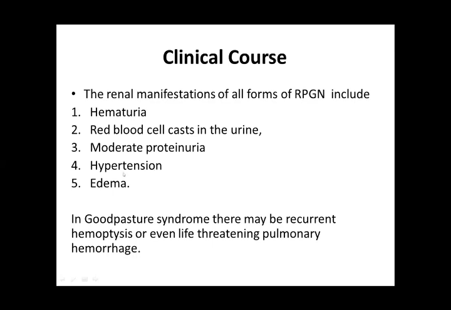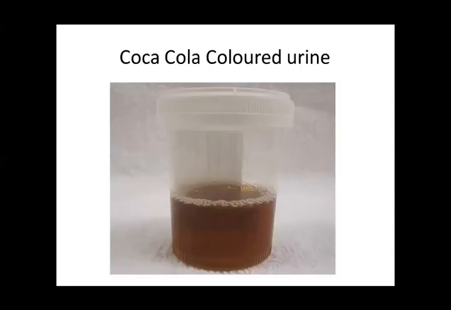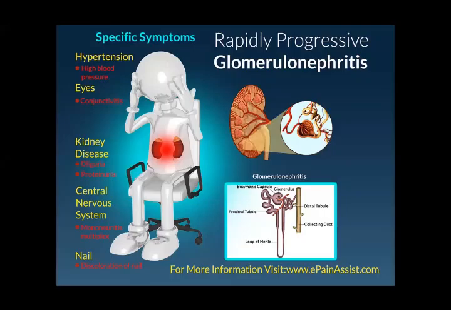Yes, so nephritic syndrome is a feature of rapidly progressive glomerulonephritis. In Goodpasture syndrome, there are patients who will undergo hemoptysis so severe that hemoptysis alone can eventually kill the person. Cola colored urine is a feature of nephritic syndrome, and that is also present in rapidly progressive glomerulonephritis.